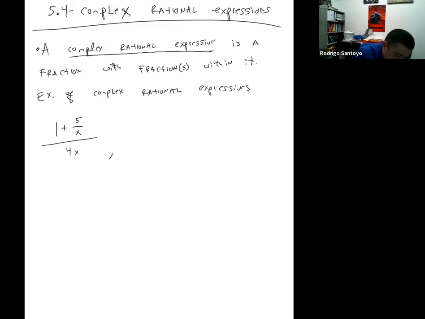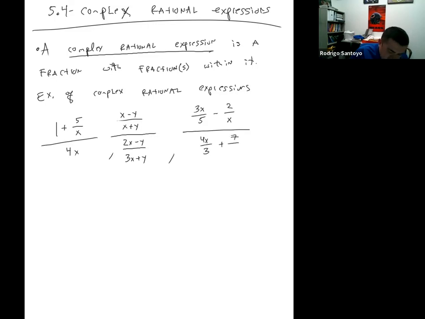Or maybe something like x minus y over x plus y, which is over 2x minus y over 3x plus y. Or maybe something like 3x over 5 minus 2 over x, that is over 4x over 3 plus 7 over 6x.